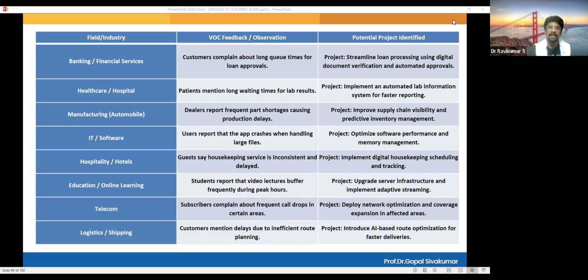Let's go to hotels. A person says housekeeping service is inconsistent and delayed. So implement digital housekeeping scheduling and tracking. Many such problems can be identified through VOC. So VOC is one of the best sources of identifying the voice of the customer.